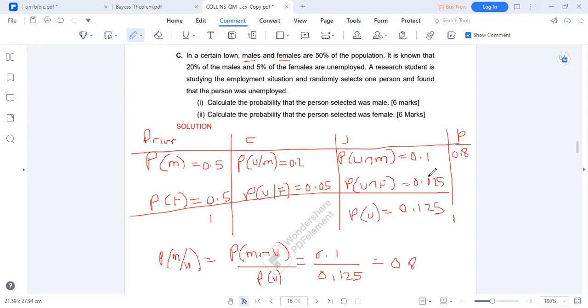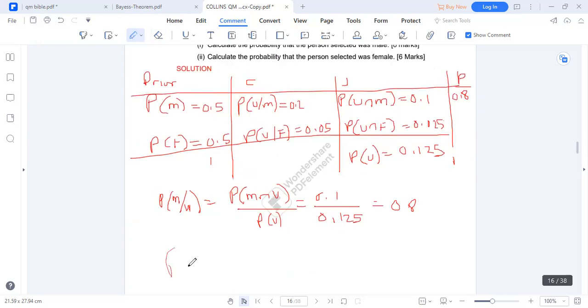So who wants to help me find the posterior here? How do we find probability of female given they're unemployed? Can somebody expand for us first? So probability U down there. Down, we put the U. Don't make a mistake.